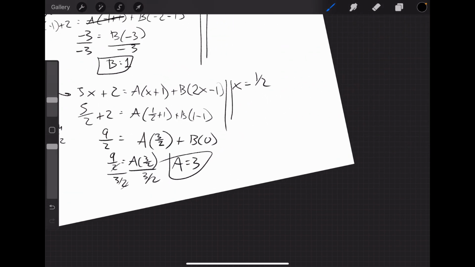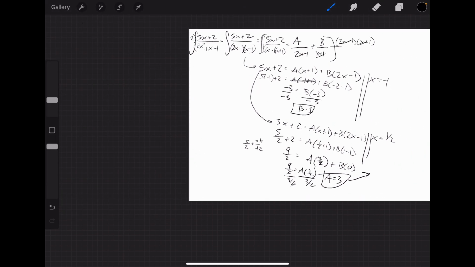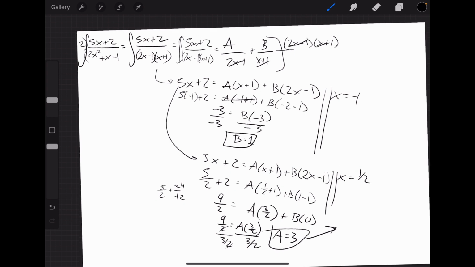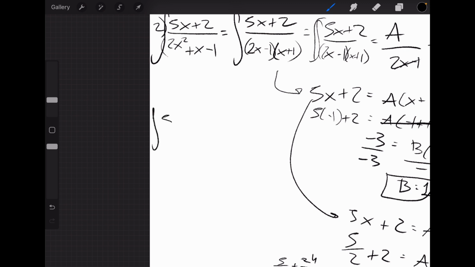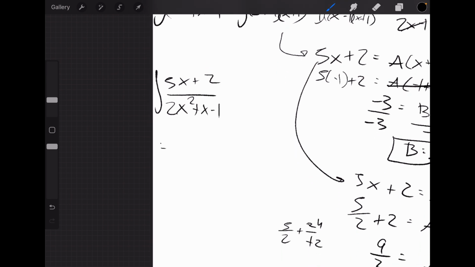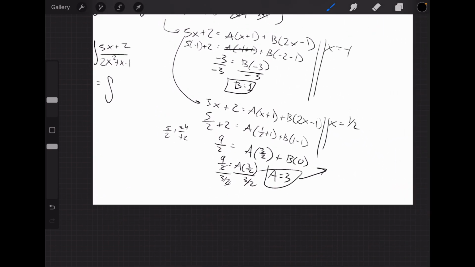So now we can rewrite. We have a and b. So we're going to go here. Actually, we'll go here. So now we have, rewrite this. 5x plus 2 all over 2x squared plus x minus 1 is equal to the integral. So we have a, which is 3.